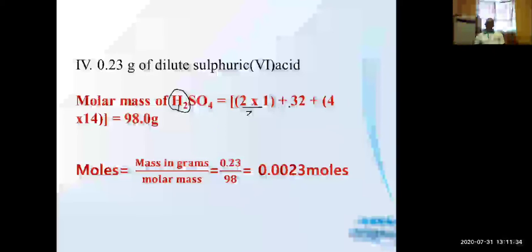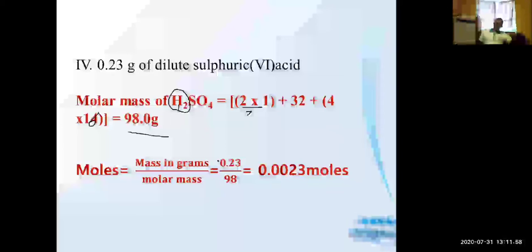Then you add sulfur, which is 32, plus 4 times 16, which gives 64. If you add them, you get 98. So 98 is the molar mass.